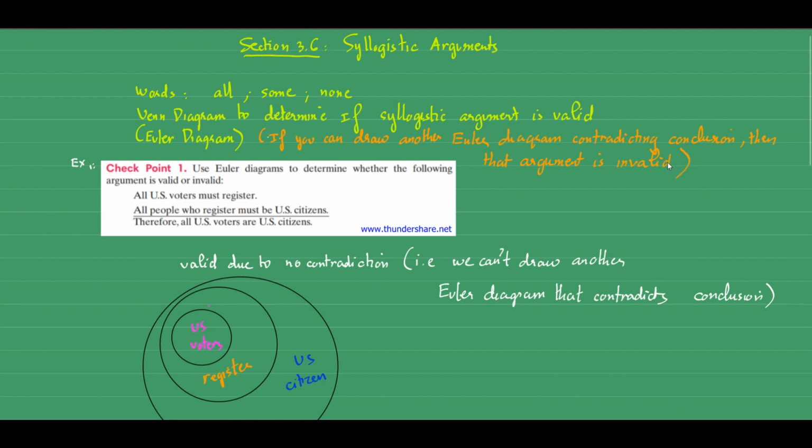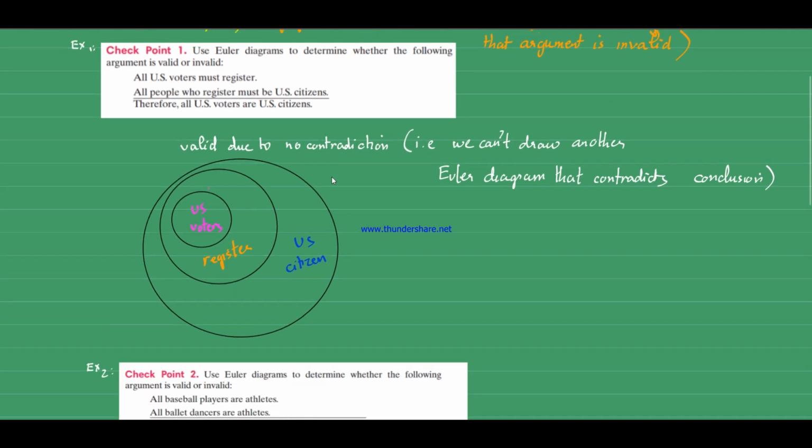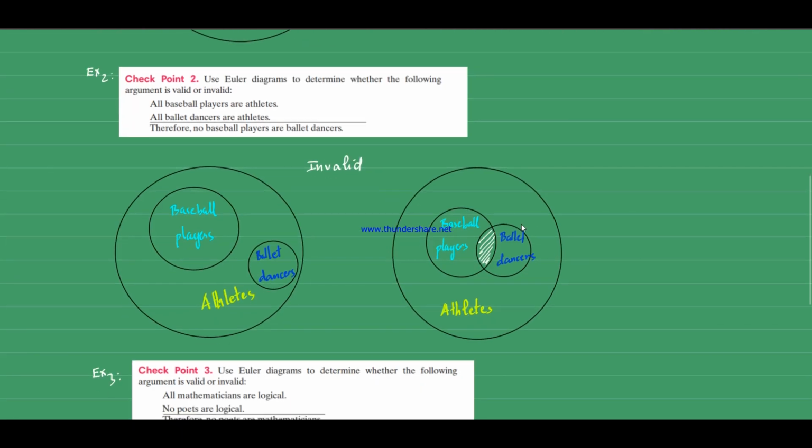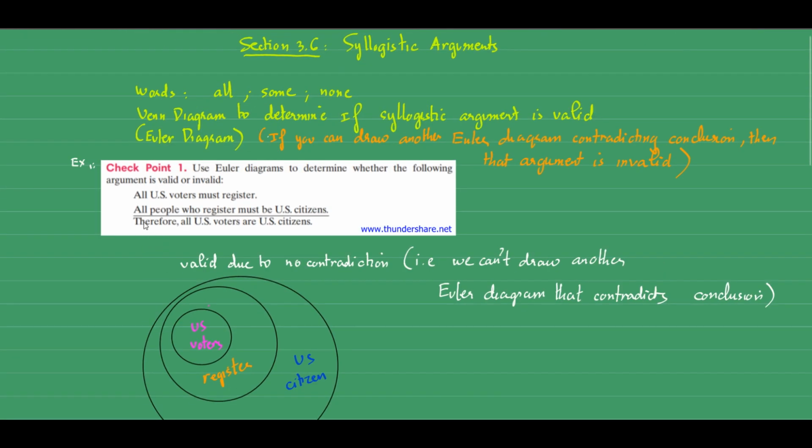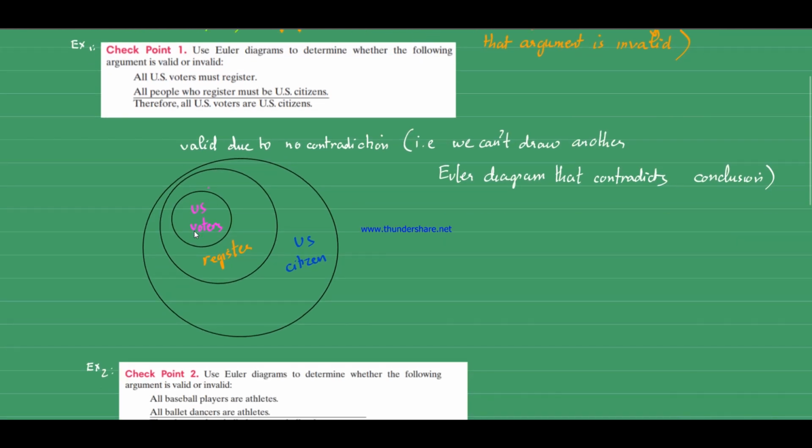There you go. It's not really that bad, guys. Therefore, the statement is the conclusion, this is the premises, the second premise, and this is the conclusion.